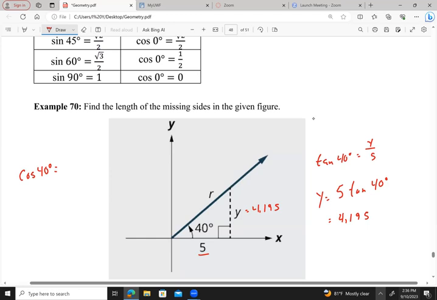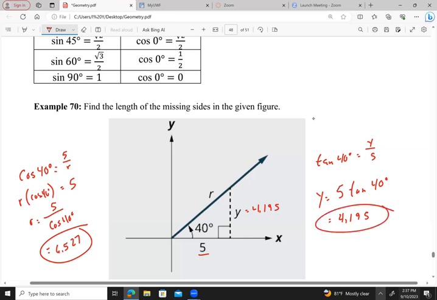So this would be 5 over R. So now R times the cosine of 40 equals 5. So R equals 5 divided by the cosine of 40. Key that in. 5 divided by cosine 40. And I should get 6.527. There we go.